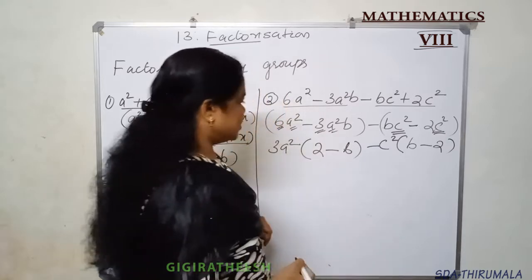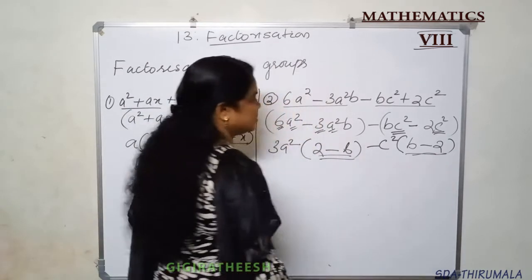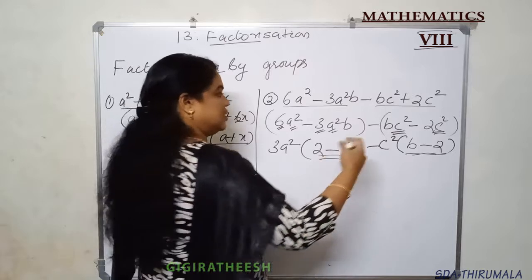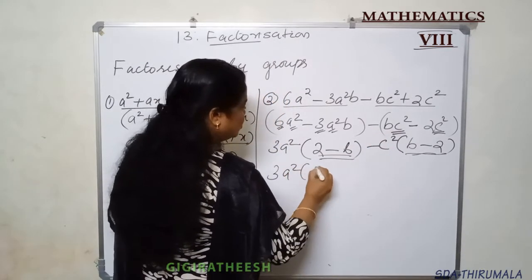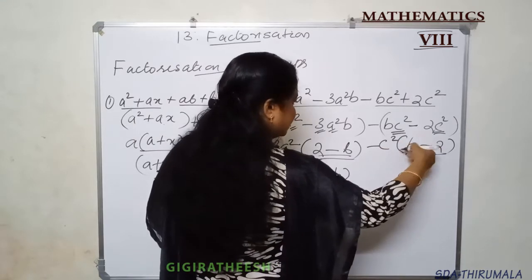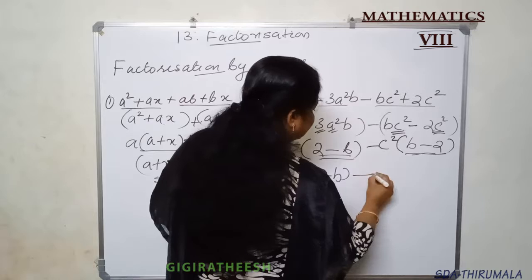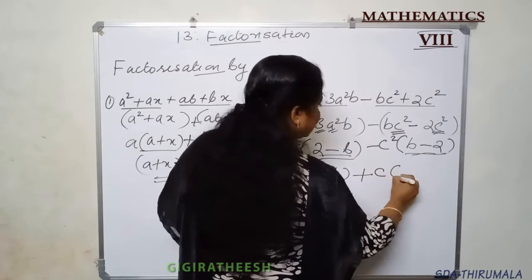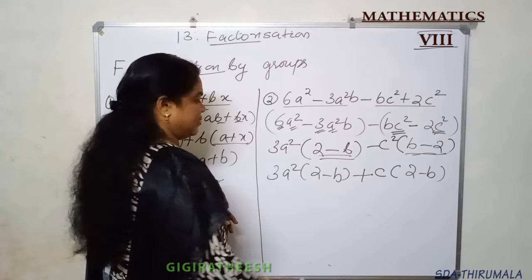Look here, there is no common factor yet, so we should change it into a common factor. Taking the minus 2 to the left side and b to the right side, multiplying with the minus, we get plus c square into 2 minus b.